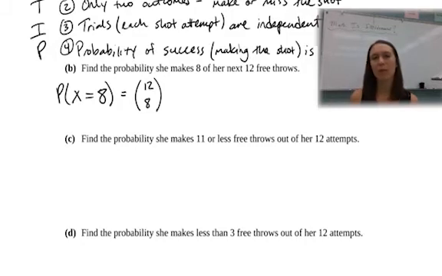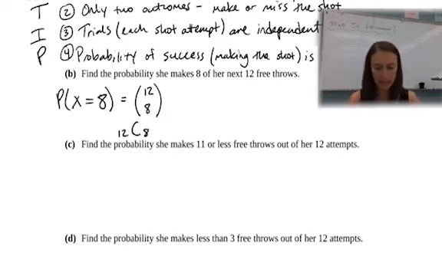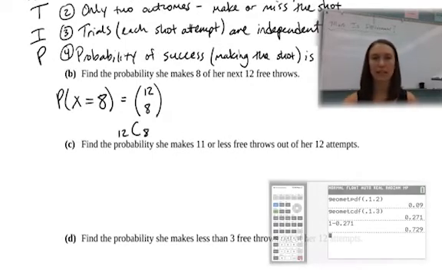And there are so many different ways that you can make 8 shots out of 12 shots. And so this calculation, 12C8, gives us the way to find that.